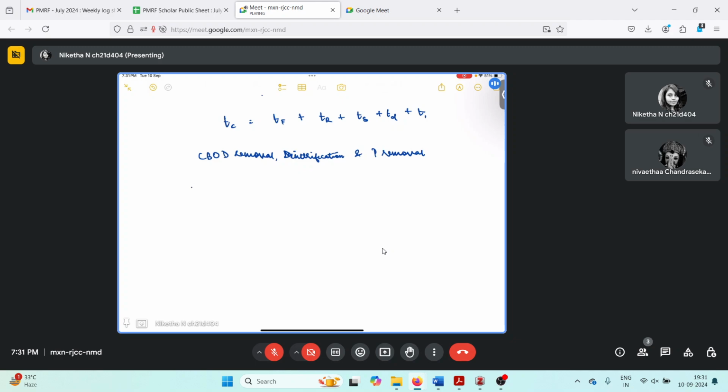So the first step for nitrogen removal is nitrification. In nitrification, ammonia nitrogen will be converted to nitrite and nitrate. This will take place in aerobic conditions.